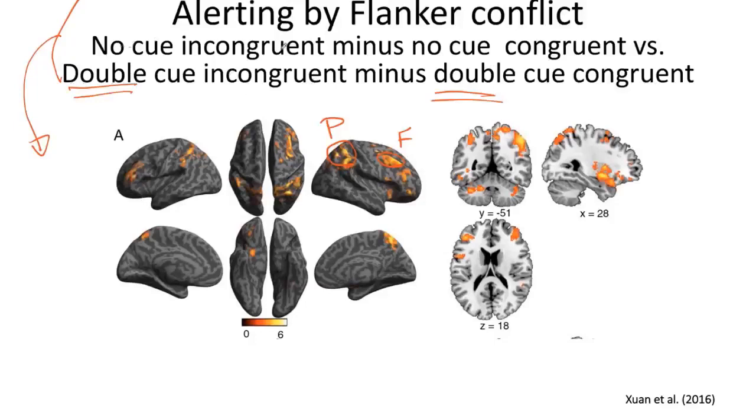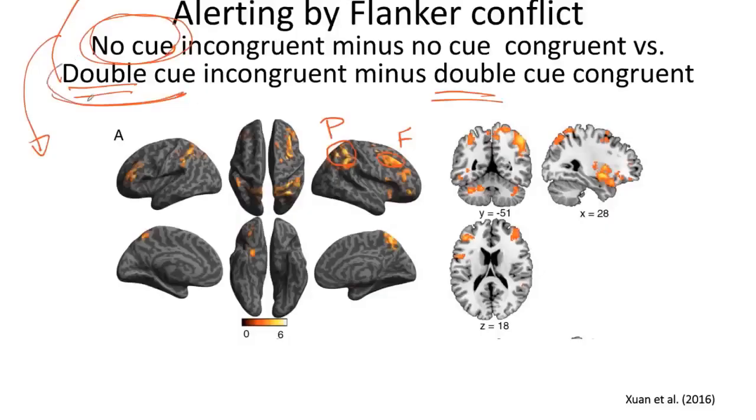So we know that incongruent versus congruent while we do not have any cue is different to incongruent versus congruent while we have a cue. So when we are alert, and while we are alert, we are resolving a conflict.